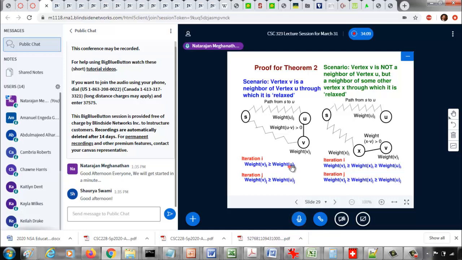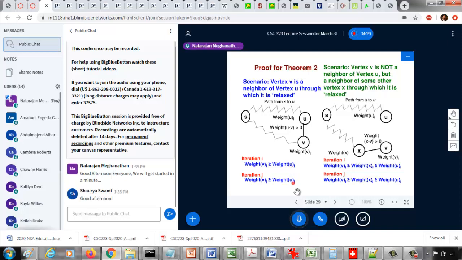Since u was optimized earlier, it's going to have a smaller path weight compared to v. So a vertex that was optimized in a later iteration is always going to have a greater than or equal shortest path weight compared to a vertex that was optimized in an earlier iteration.